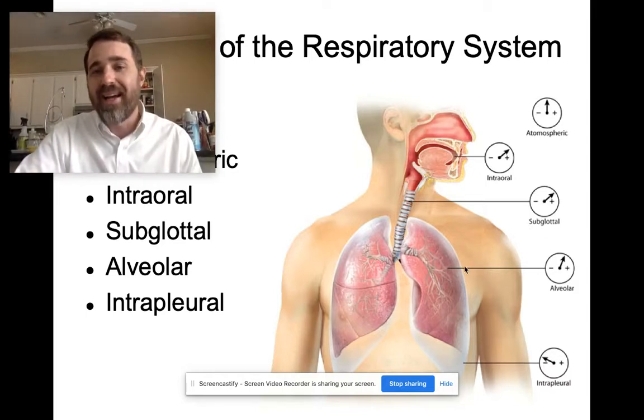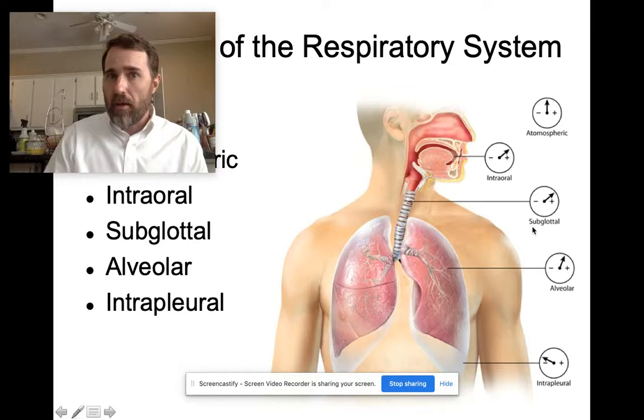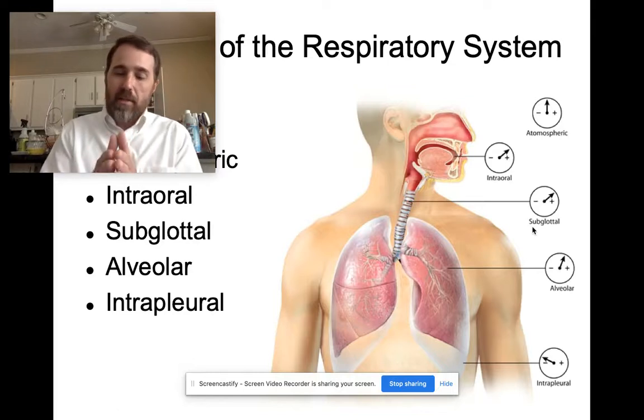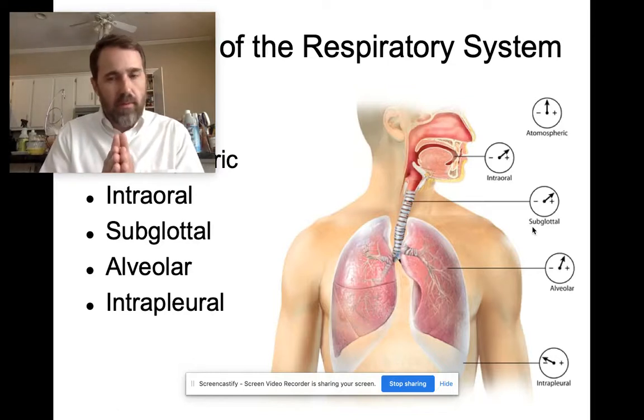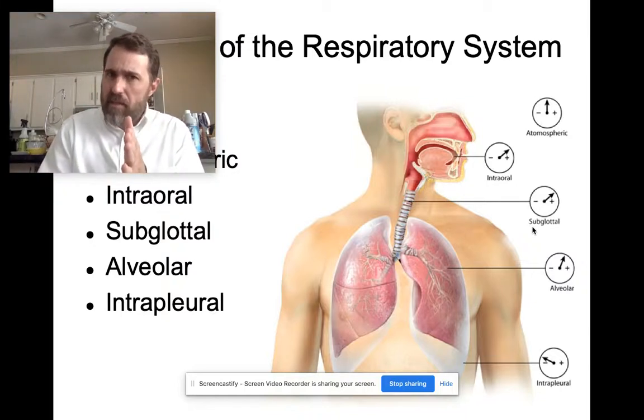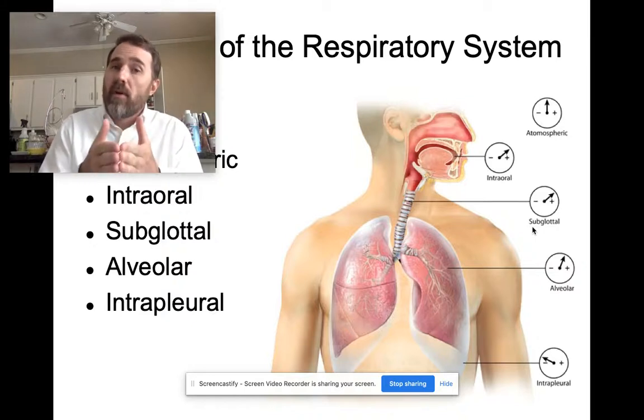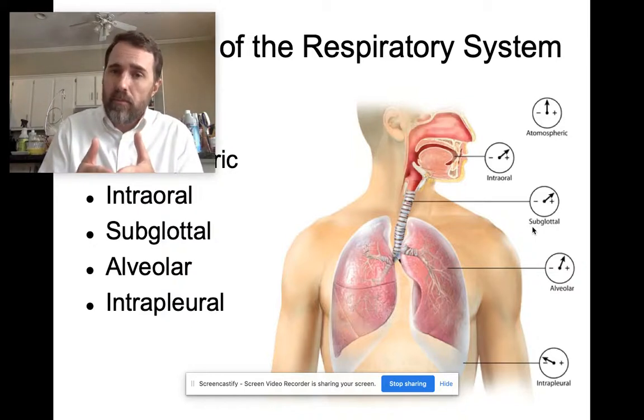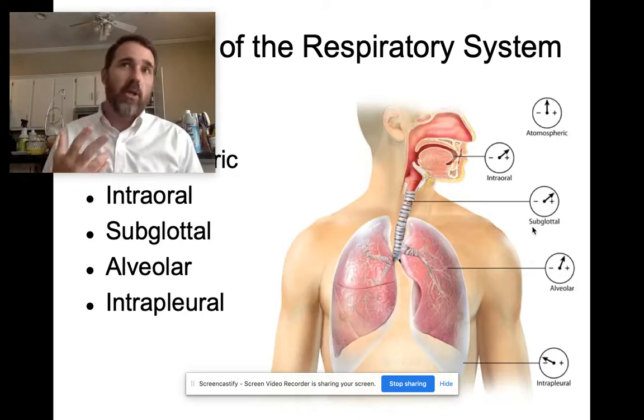The only thing we're going to add is subglottal pressure, and this is the pressure that is below the vocal folds. So if you bring the vocal folds together to produce voice, you're going to have to build up subglottal pressure to blow those vocal folds apart. We use the term intraoral pressure to refer to the air pressure within the mouth.